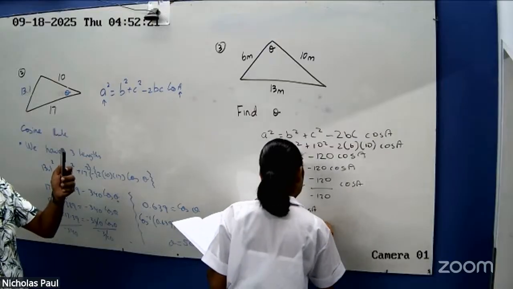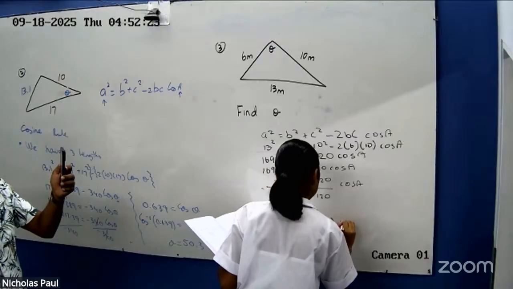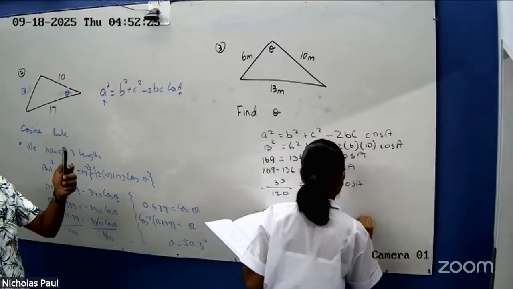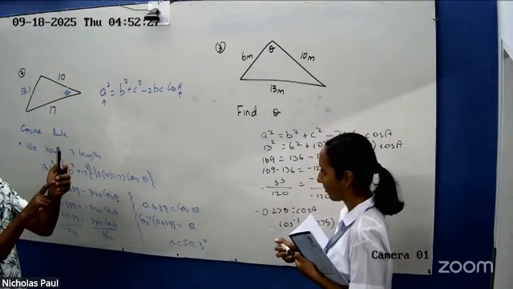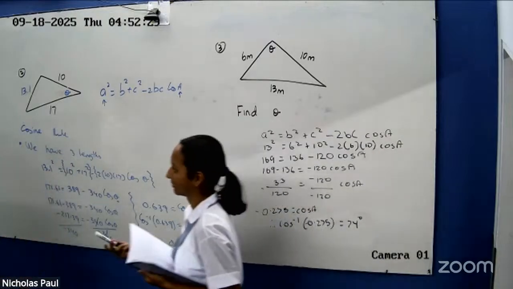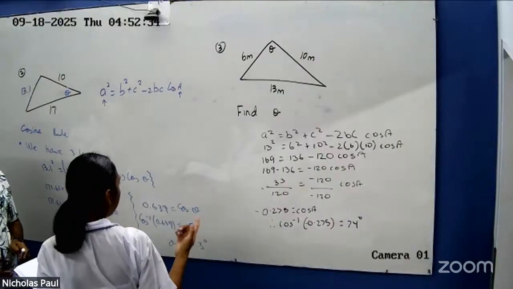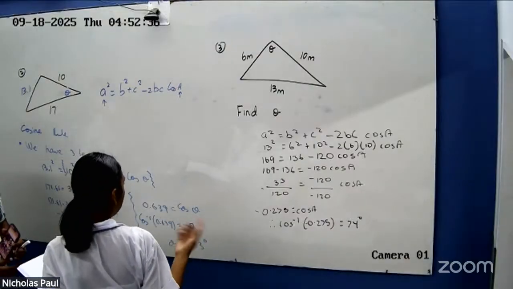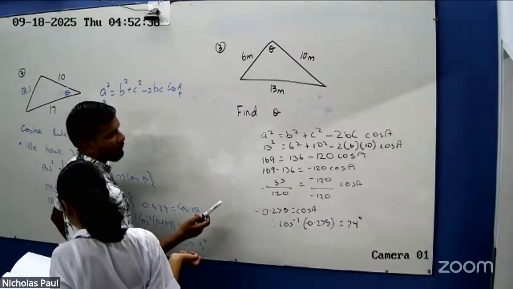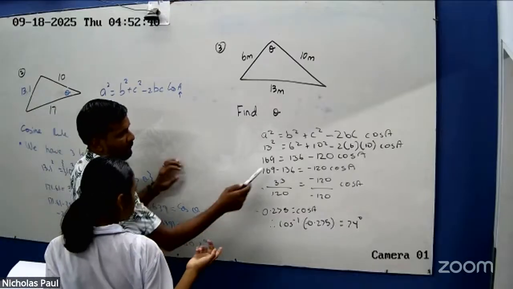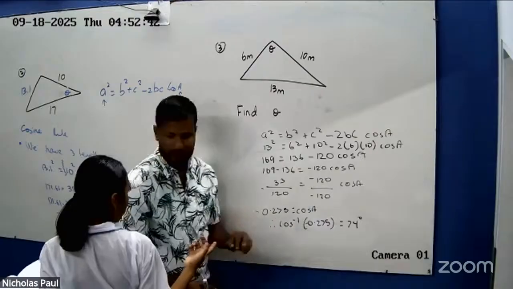Nice. So you go and put it in the calculator. 0.275. Actually, minus 0.275.